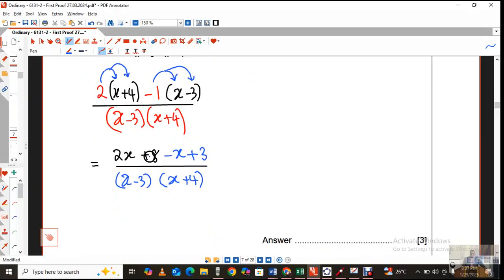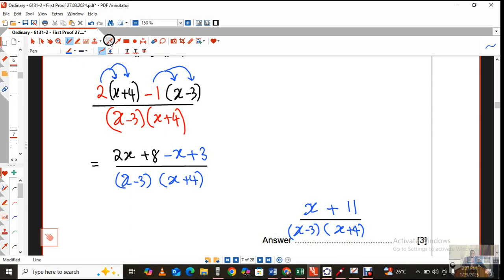Now from here, we're just going to say 2x take away x, that is going to be x. 8 plus 3, that is going to be 11. And then you put it over the same denominator, which is x minus 3, in brackets, as well as x plus 4.